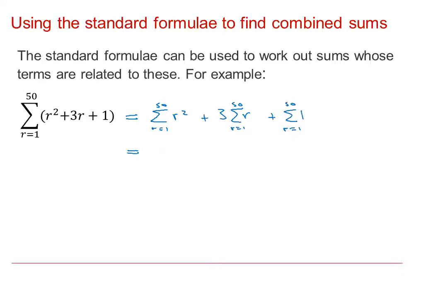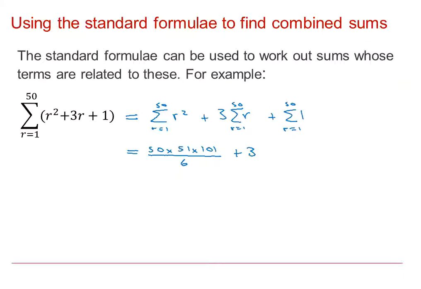Now, sigma r squared from 1 to 50, we can now quote our formula for that. So remember, that was n times n plus 1 times 2n plus 1 over 6. So that in this case would be 50 times 51 times 101 over 6.